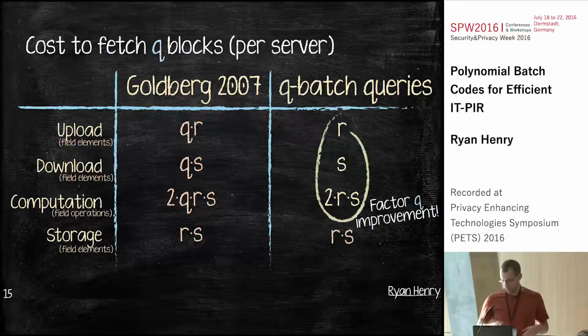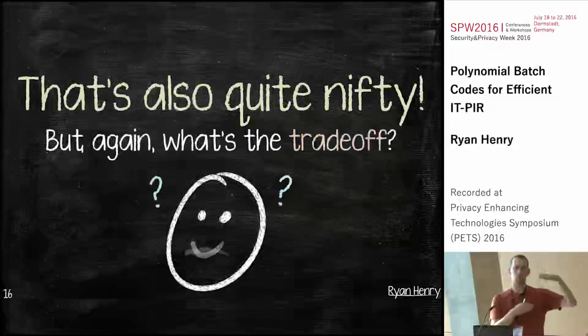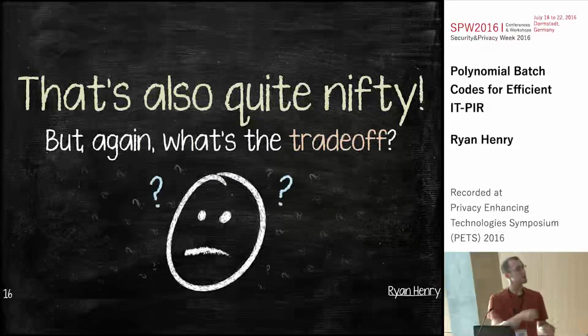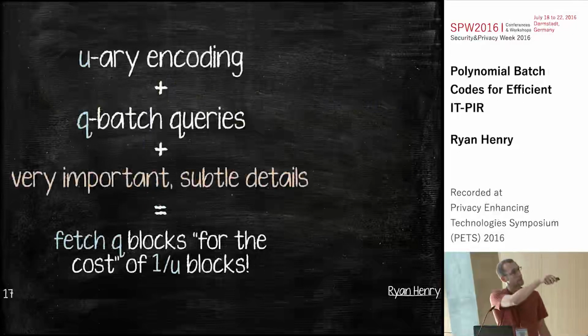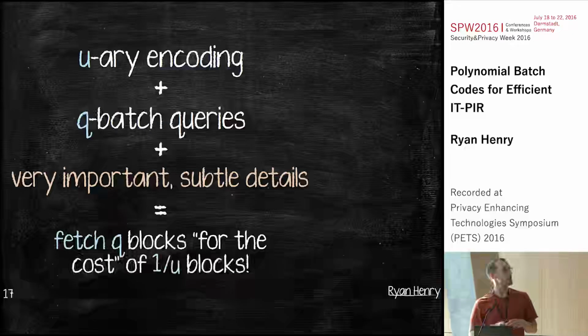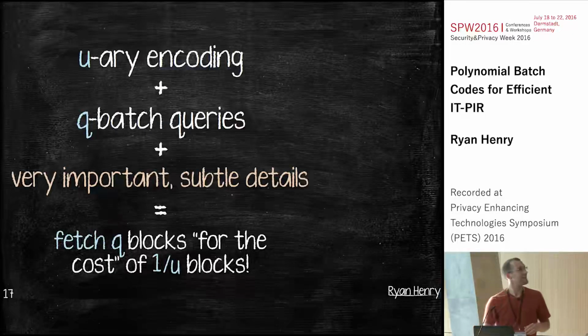We send a vector to each server, and when you do that, we found that you also get a nice speed up. When we pack Q rows into the ramp scheme polynomials, we get a factor Q speed up in the upload, download, and computation cost. So that's quite nice. But again, what's the trade-off? And again, don't worry about it.